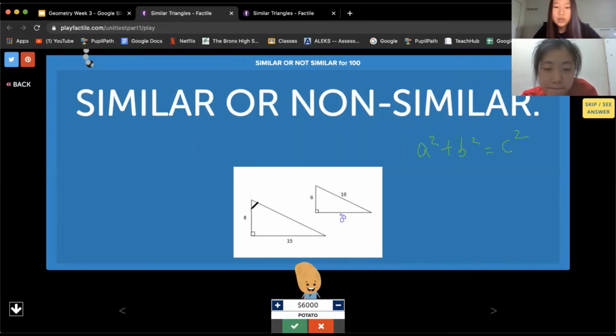And since we know the size of the triangle, we can find the scale factor and then try it to see if they are equal to each other.